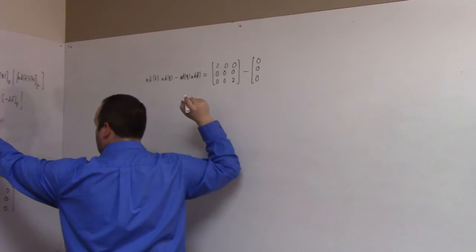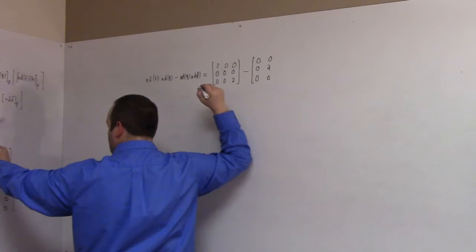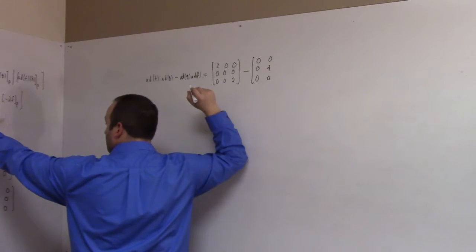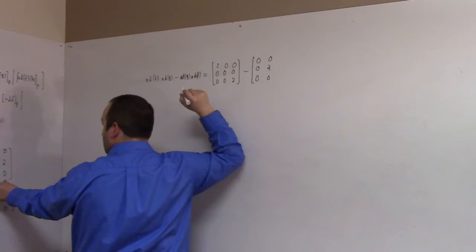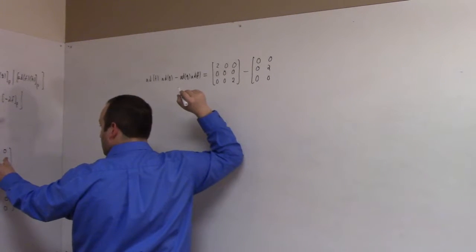And then 0, 2, 0. And then, let's see here, joint F, so 0, 0, 0, 0, 0, 2, 0, 0, 2.